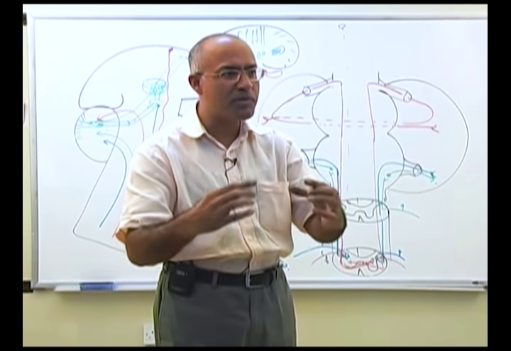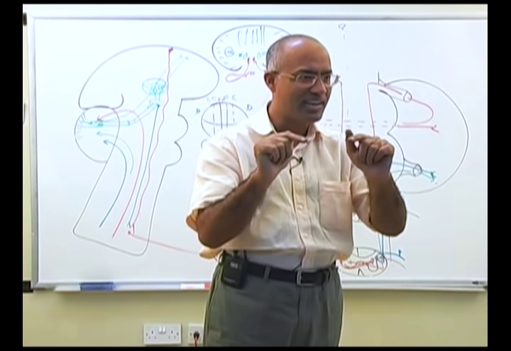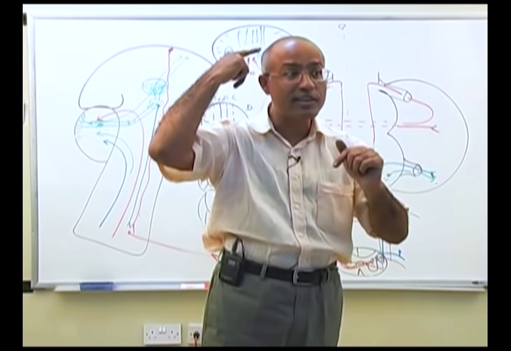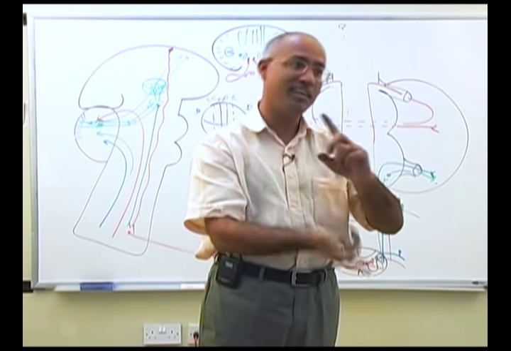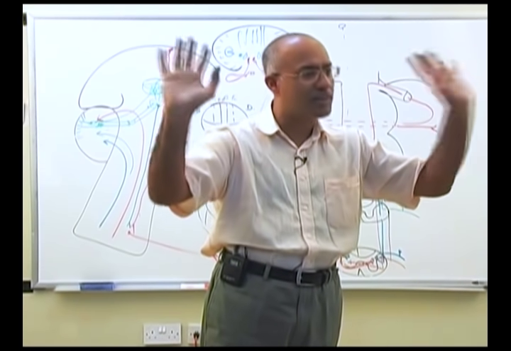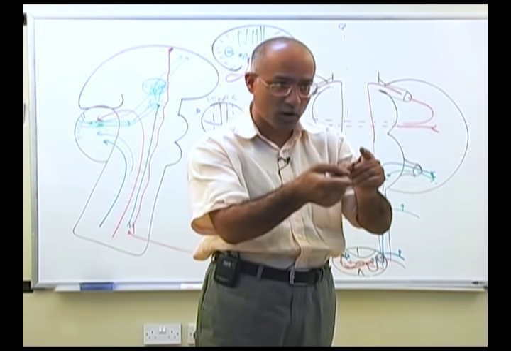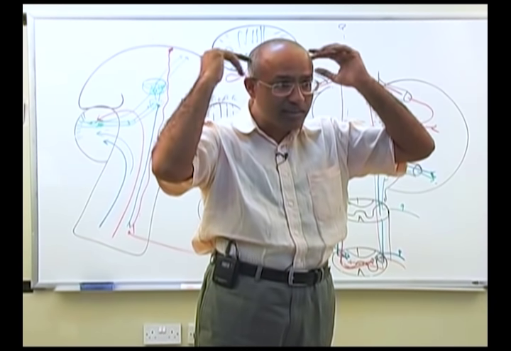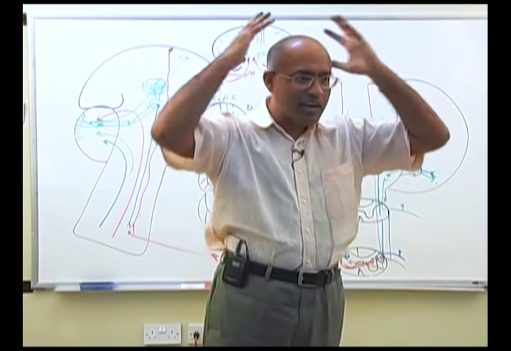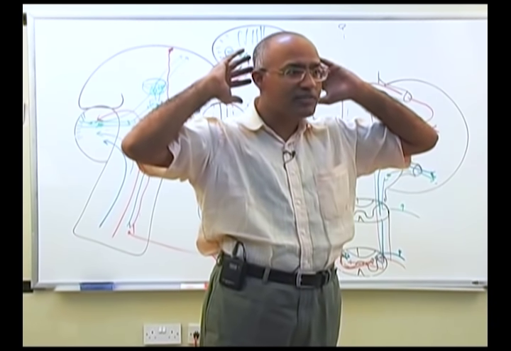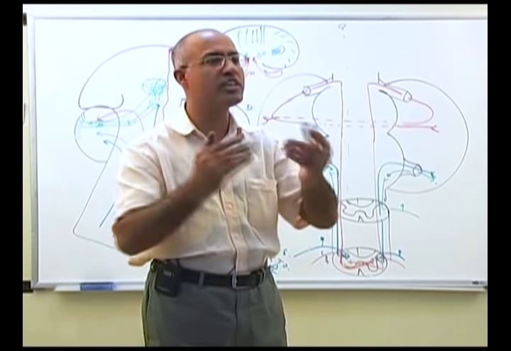When mossy and climbing fibers pass near the deep nuclei, they stimulate them. Then climbing fibers go directly to Purkinje cell stimulation, and mossy fibers go through the granular cell to the Purkinje cell through parallel fibers. Is that right? Granular cells can be inhibited by Golgi cells, and Purkinje cells can be inhibited by basket and stellate cells, right? The cerebellar cortex gives its output through Purkinje fibers, which are inhibitory, to the deep nuclei.